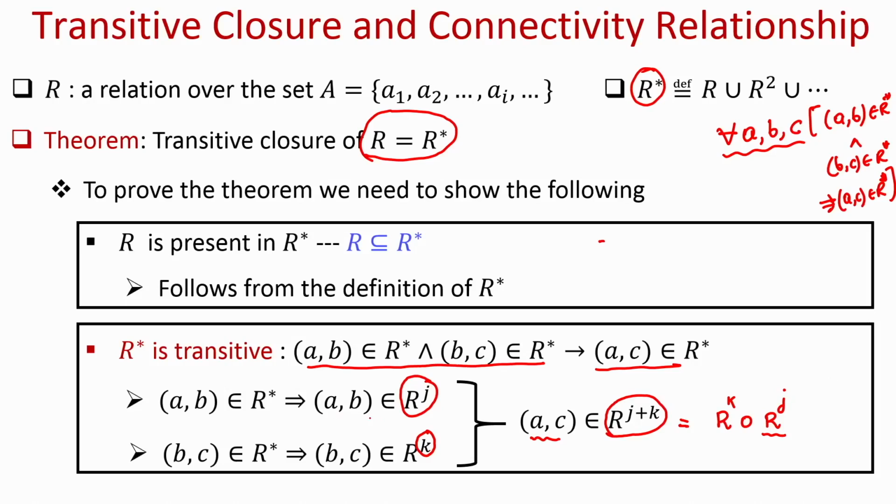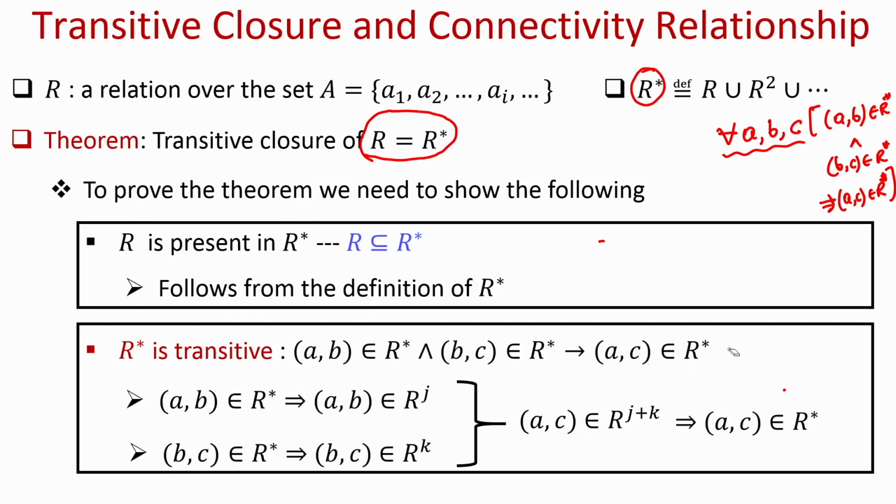Let us say (a, b) is there in R power j, and on top of that you will apply the relation R power k. So, here b is acting as your intermediate element. So, (a, b) is present in R power j and (b, c) is present in R power k. Hence, you will conclude that (a, c) is present in the j plus kth power of R, and the j plus kth power of R will be included in R star, because that is the definition of R star.